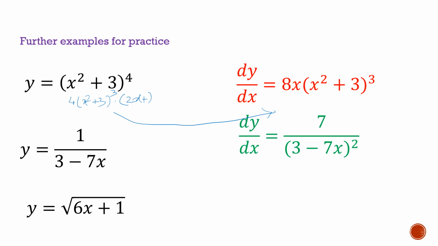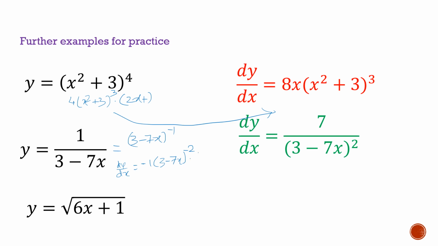Let's take this one here again. This is very interesting, by the way. What we are going to do in this case is we have got 1 over (3 minus 7x). We will write this function as (3 minus 7x) raised to the power minus 1. So if I find its derivative dy over dx, first I need to write this minus 1 here, and then the derivative of the outside function: (3 minus 7x) raised to the power minus 2.